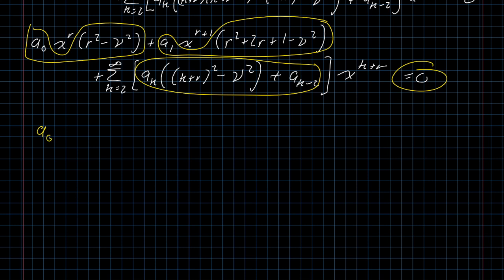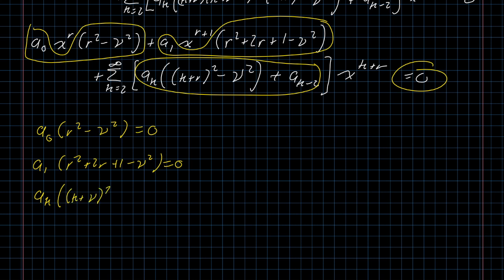So a naught times r squared minus nu squared has to be 0. a1 times r squared plus 2r plus 1 minus nu squared has to be 0, and ak times k plus r squared minus nu squared equals 0.